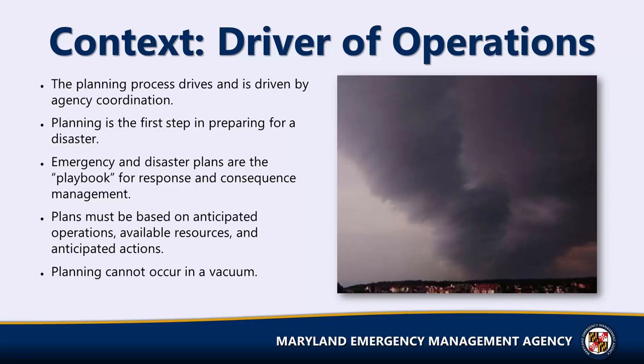Since emergency managers are not the subject matter experts for operations, it is critically important that planners engage all relevant stakeholders in the process. For example, an emergency manager wouldn't want to prescribe the ways road networks are managed. Rather, planners would want to engage the Department of Transportation in the planning process to receive their feedback.